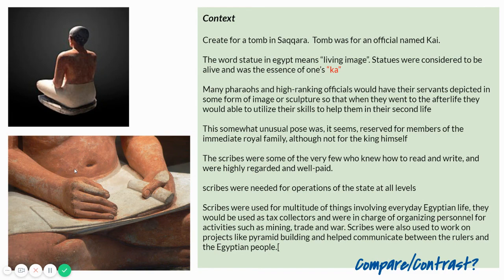They were used to work on projects like pyramid building. They would help record and communicate between rulers and Egyptian people. They were very highly utilized people, and therefore were seen as highly respected.